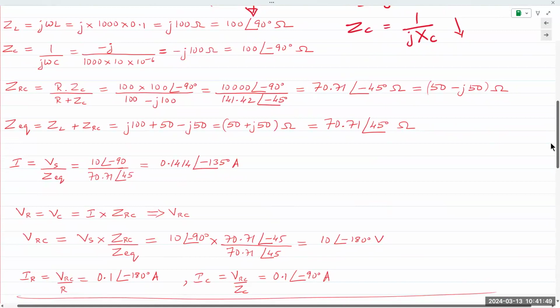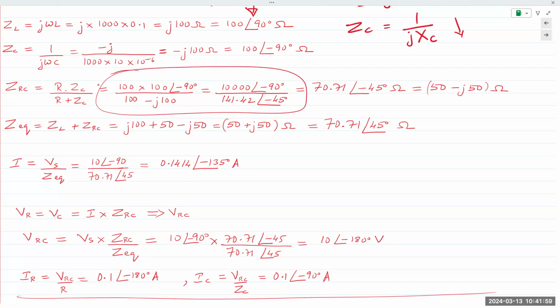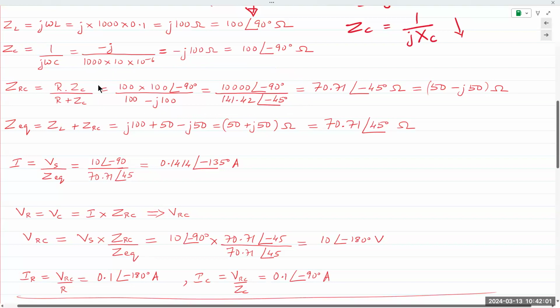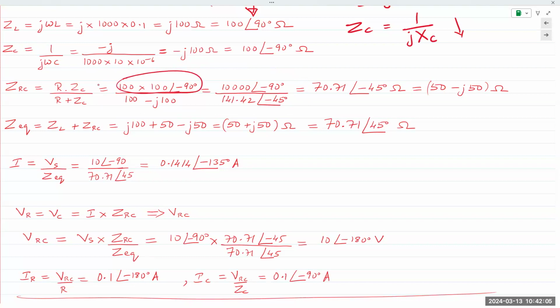ZRC is the parallel combination of R and C, or R and ZC. For the mathematical operations here, simply plug in the values. I'm multiplying the top, so both are in polar coordinates, and in the bottom, the rectangular coordinates, I need to perform a division, so I'm going to change that into polar coordinates.